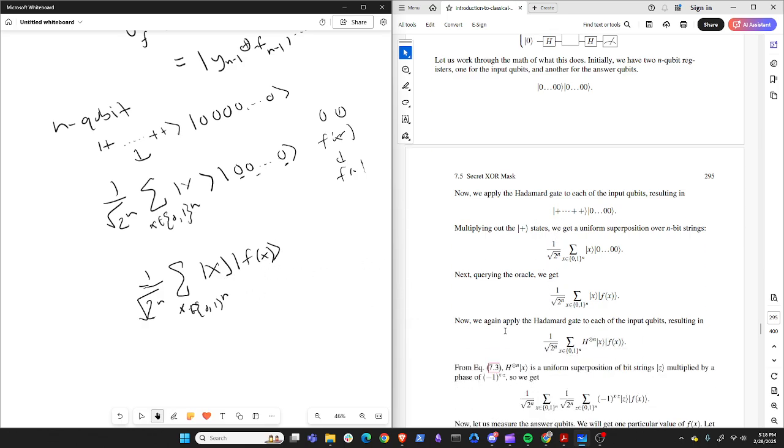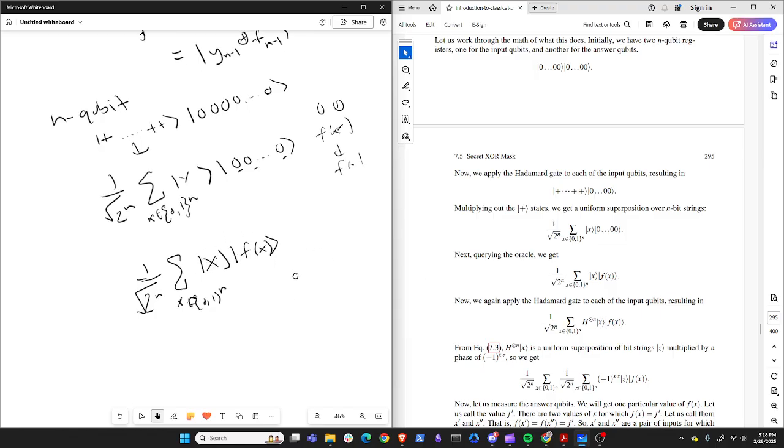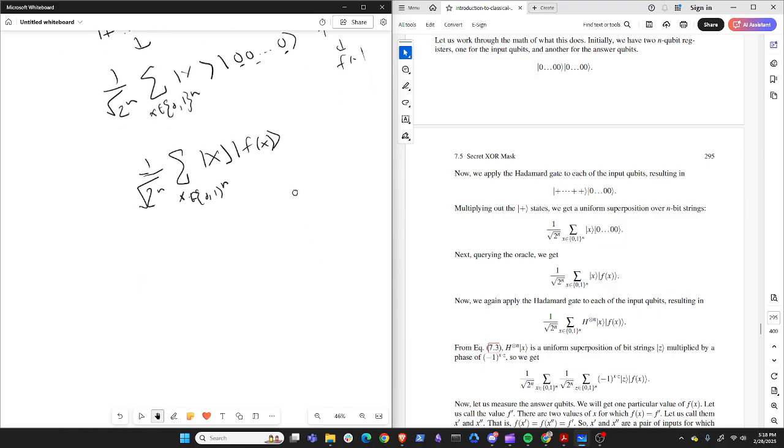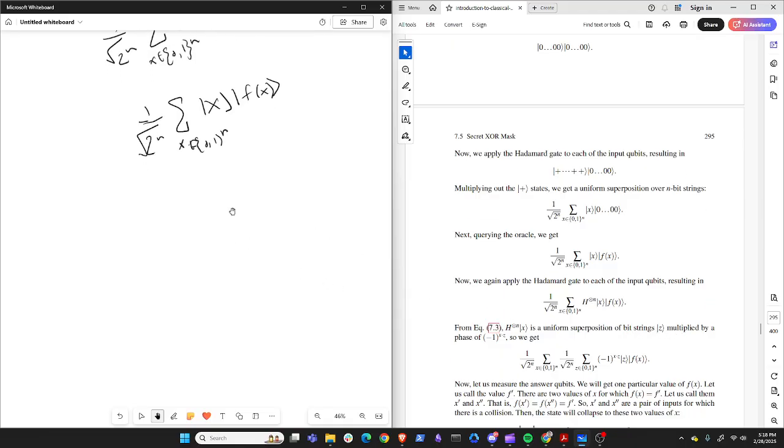Now when we apply a Hadamard to each of our input qubits x, we wind up with a uniform superposition.